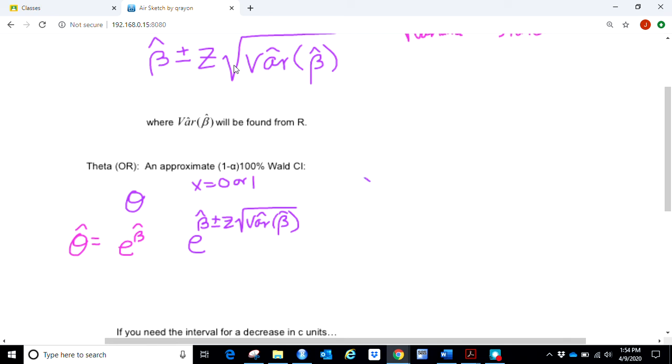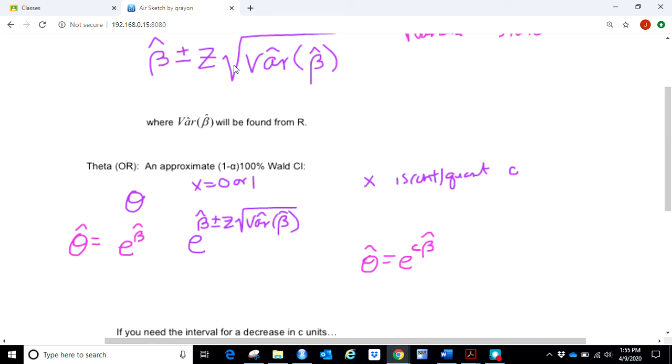Now instead, when x was continuous or quantitative, we might have that c show up. So not necessarily just increasing x by 1, but allowing x to increase by c. So when we did that, our theta hat was just e to the c beta hat.